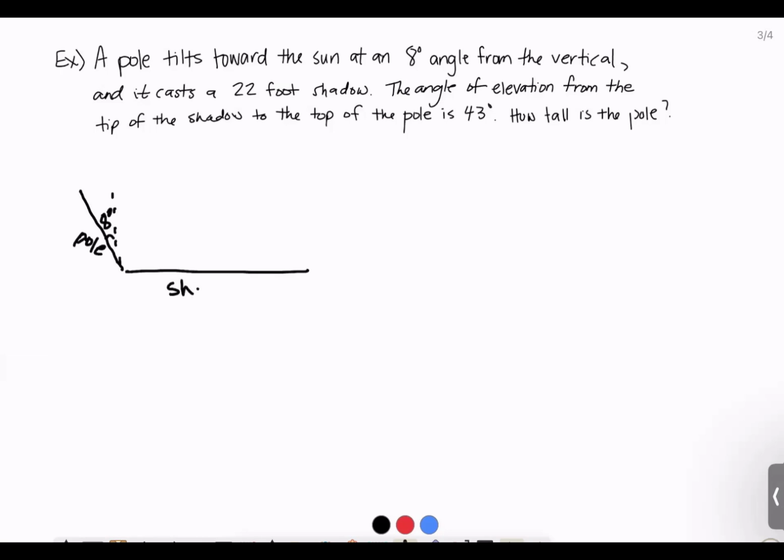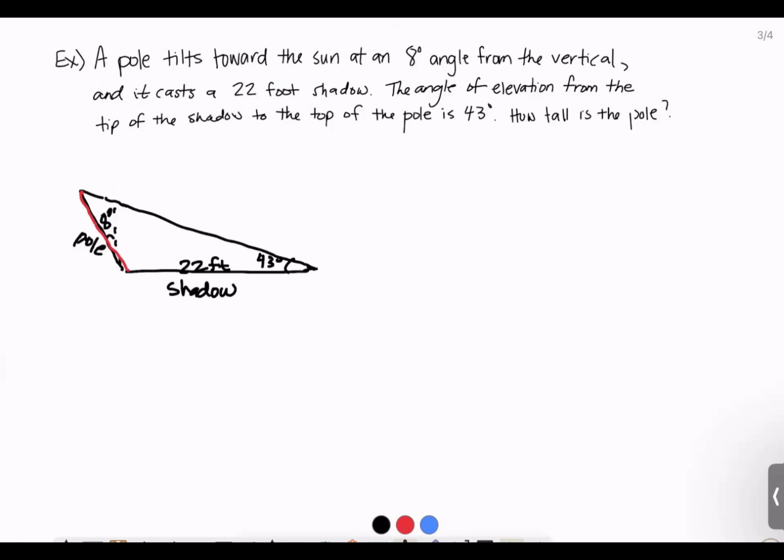There's the shadow. Shadow is 22 feet. And from the tip of the shadow to the top of the pole, that angle created is 43 degrees. Okay, so there's a rough sketch to give me a visual on that. I want to know how tall the pole is. So my goal is to find this side here.